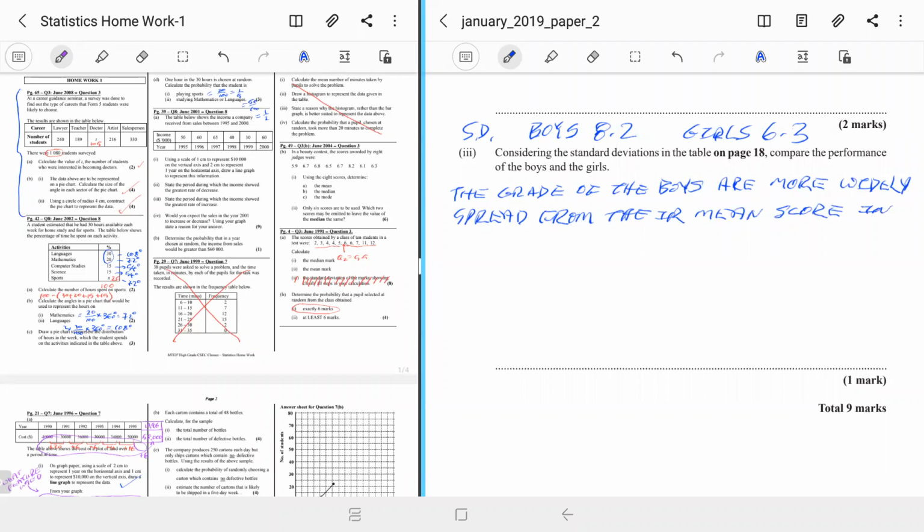In comparison to those of the girls. So the grades of the boys are more widely spread.